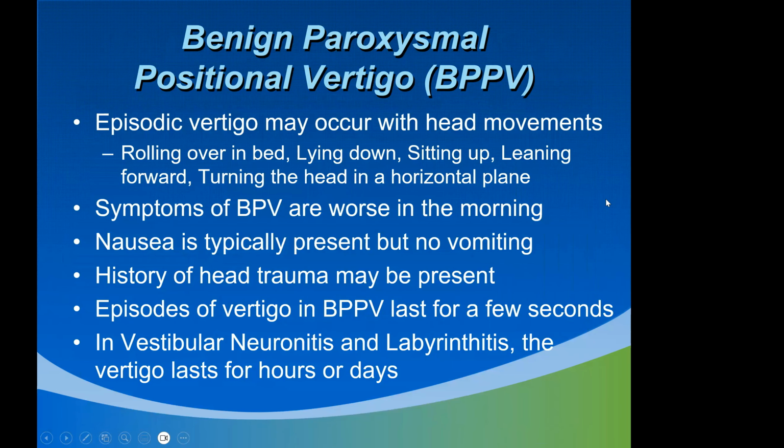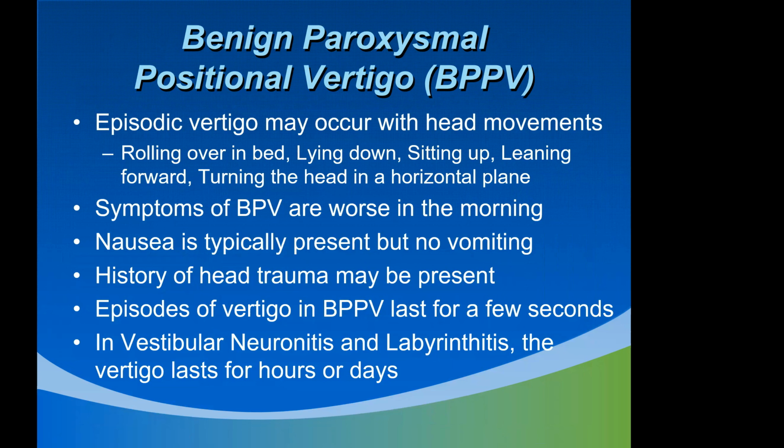Benign paroxysmal positional vertigo is the commonest form of vertigo. You must know this very clearly. Episodic vertigo may occur with head movements: rolling over in bed, lying down, sitting up, leaning forward, turning the head in the horizontal.